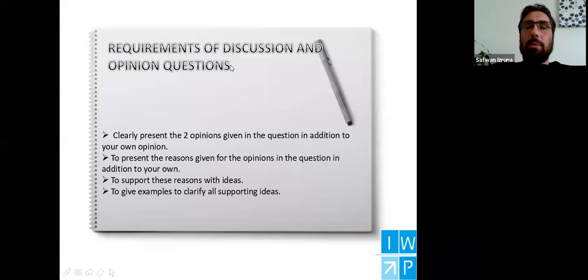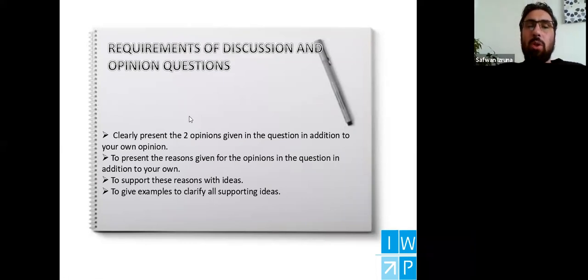Okay. Requirements of discussion and opinion essays. So when they tell us discuss both views and give your opinions, we need to clearly present the opinions that are given to us in the question, and we need to give reasons. So what reasons do the people who have these opinions give? Okay, we need to support these reasons with ideas, and then also give examples.